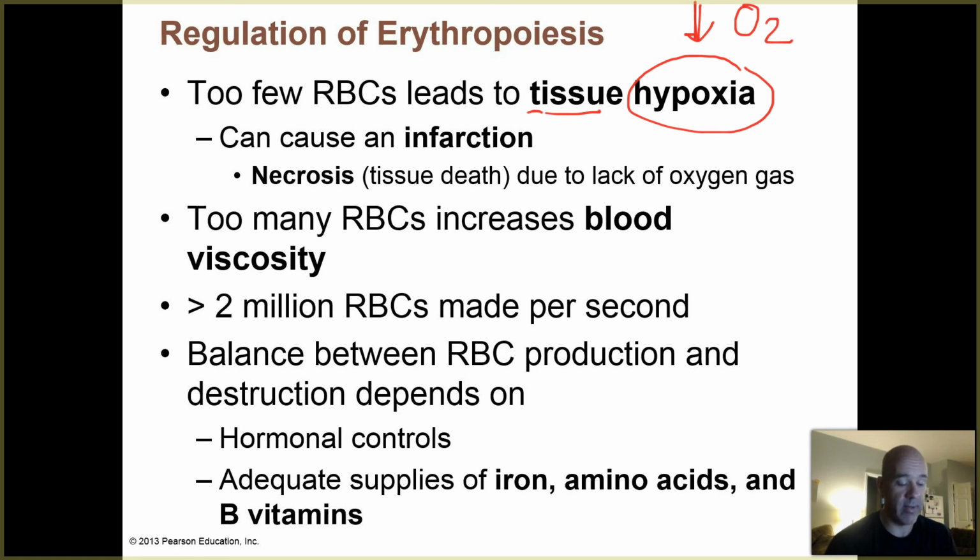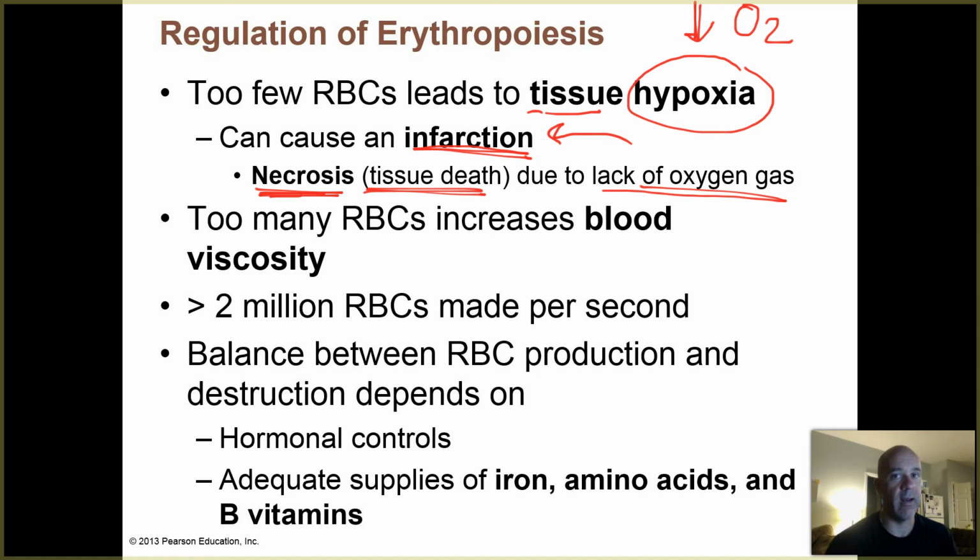If it does happen, it can lead to what's called an infarction. And an infarction is where you have tissue death or necrosis. Necrosis is a term that's generally used for tissue death. Tissues are dying. That's necrosis, or they are necrotic. You might hear that term used. If that's due to a lack of oxygen gas, then that tissue death is called an infarction.